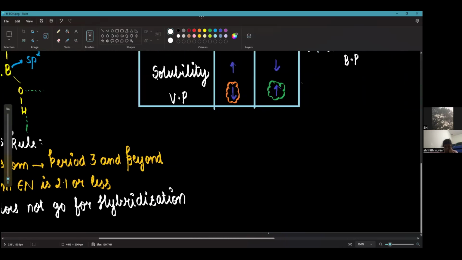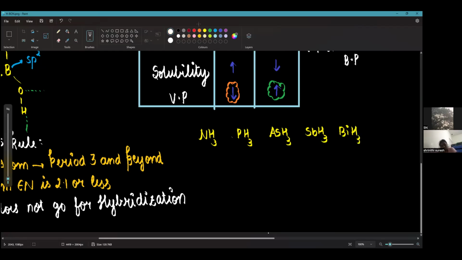Now look at examples. I'll give you this one. You have NH3. Then you have PH3, nitrogen, phosphorus, arsenic, antimony, and bismuth.